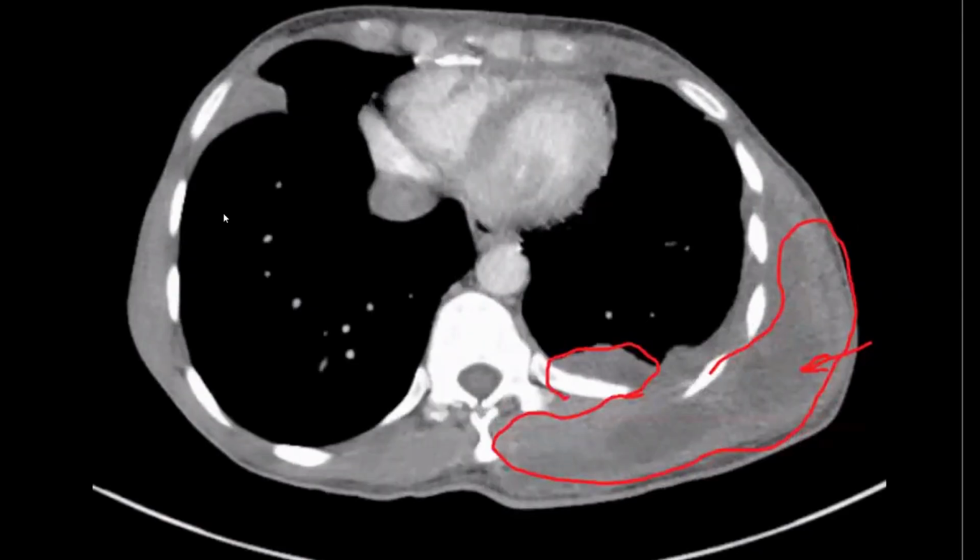So this one is called empyema necessitans. Empyema necessitans means that the infection is not starting from the chest wall itself, but it is an extension from the pleural surface, pleural recess infection, into the chest wall.